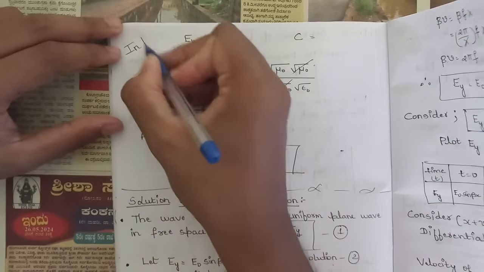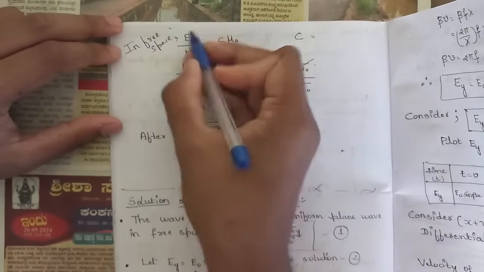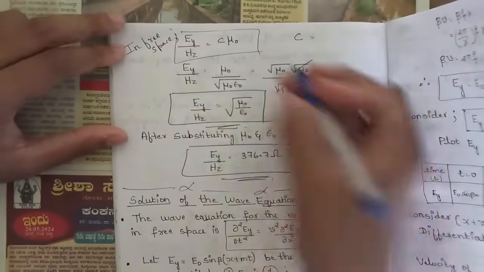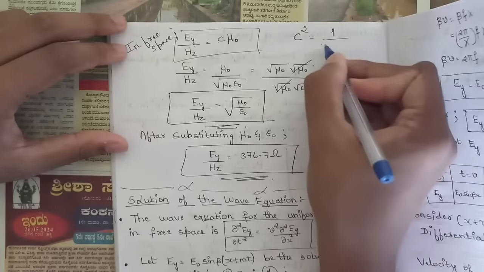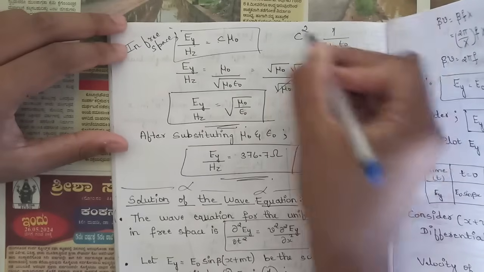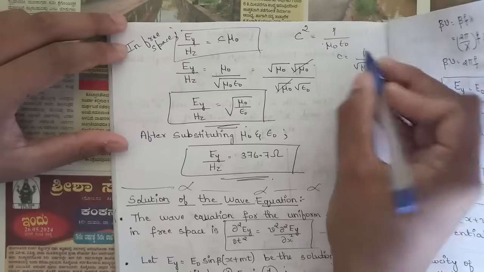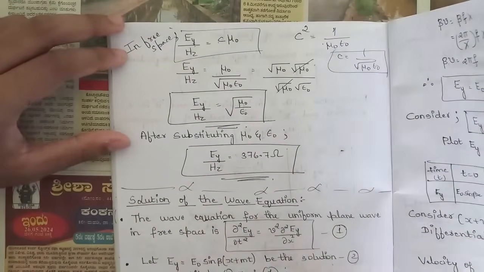So now this is in free space, okay. In free space, if we consider the same equation, Ey by Hz is equal to c into mu naught, but in free space we have the relation of c, that is c square is equal to 1 by mu naught epsilon naught, right. So therefore c is equal to 1 by square root of mu naught epsilon naught, right, in free space, okay. Velocity of light has a standard value of 3 into 10 power 8 meters per second.